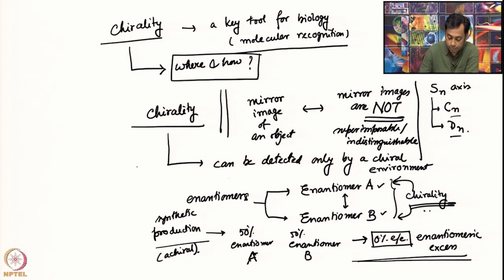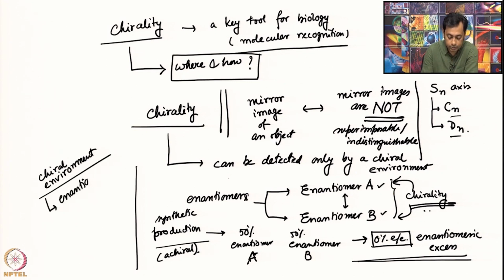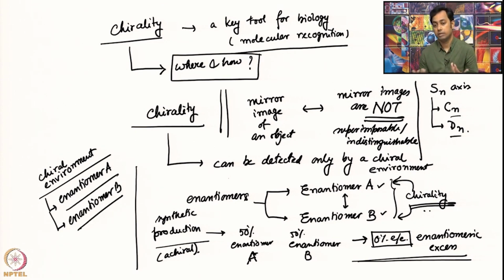However, if we create an environment which is chiral in nature, then I can distinguish between enantiomer A and enantiomer B. Just imagine enantiomers A and B are both acidic in nature, so they are enantiomeric acids. Now, if I put in a chiral environment, another enantiomeric base, then these two enantiomers will interact with it because the other component is chiral, and these are also chiral.